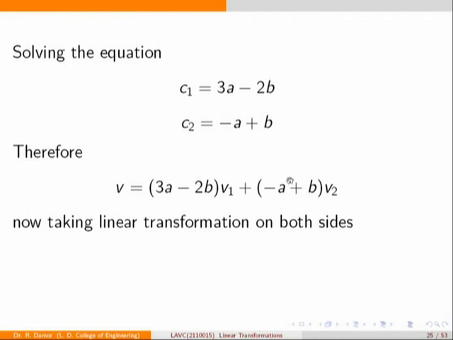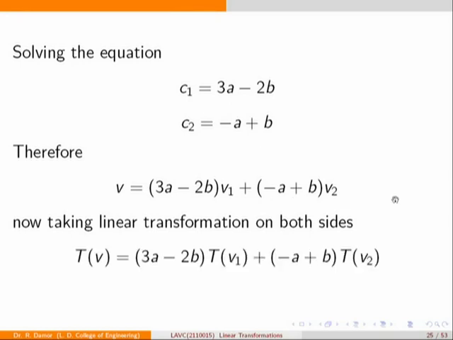Okay. Now the next stage is I have to take the linear transformation T on both sides. So how do I take this? T of V equals (3a minus 2b) T of V1 plus (minus a plus b) T of V2. Clear? I can put down the values of T of V1 and T of V2 here.